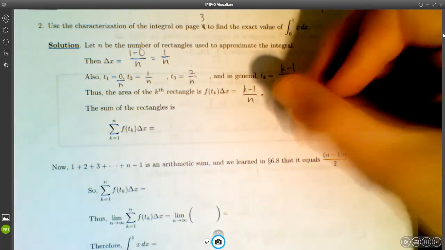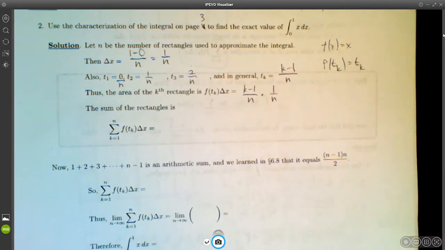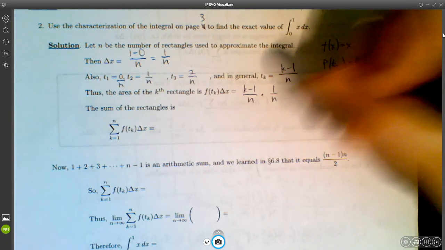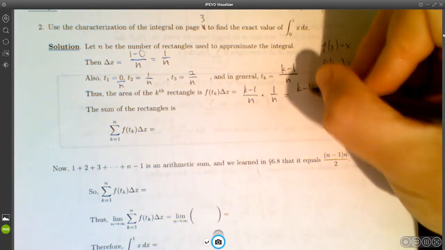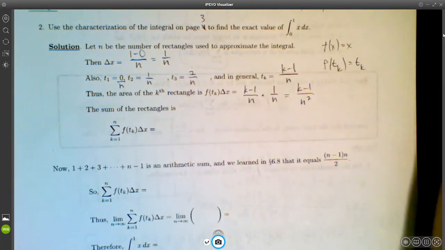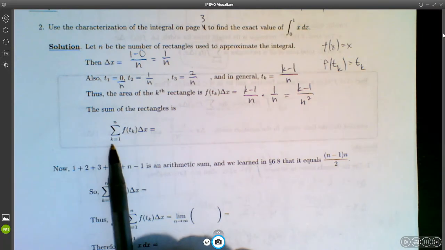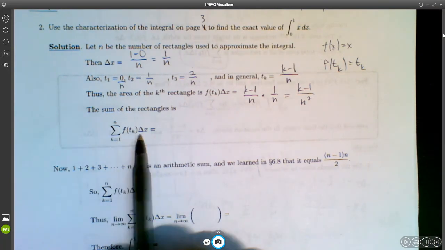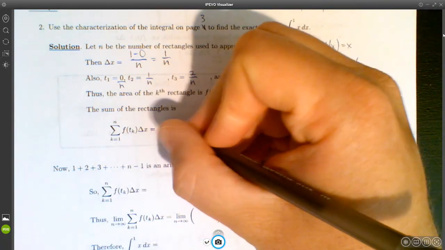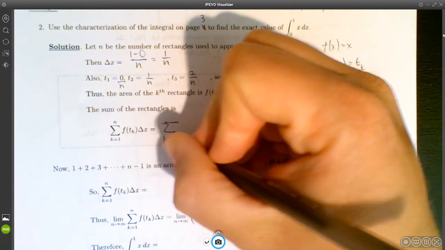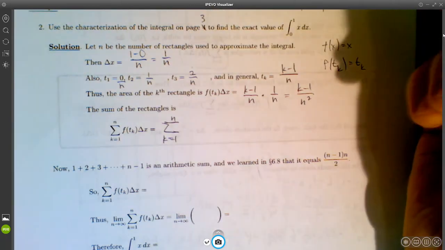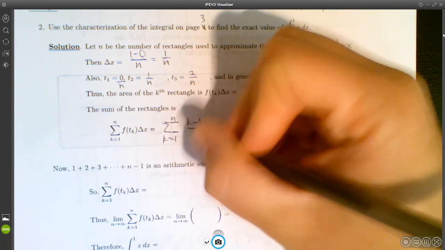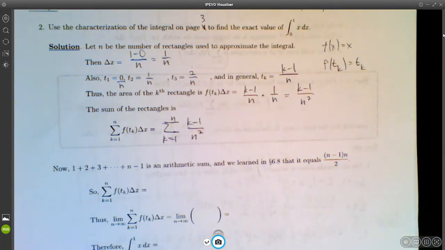Delta x we said was 1 over n. So in other words, that would be k minus 1 over n squared. So the sum of the rectangles would be the sum from k equals 1 to n of f of t sub k times delta x. That would be the sum from k equals 1 to n of k minus 1 over n squared. All right, that's what we just figured out.